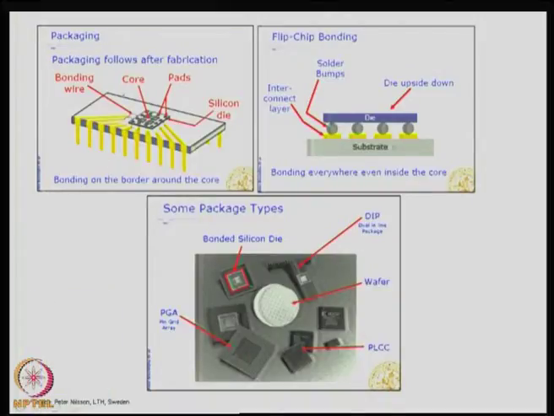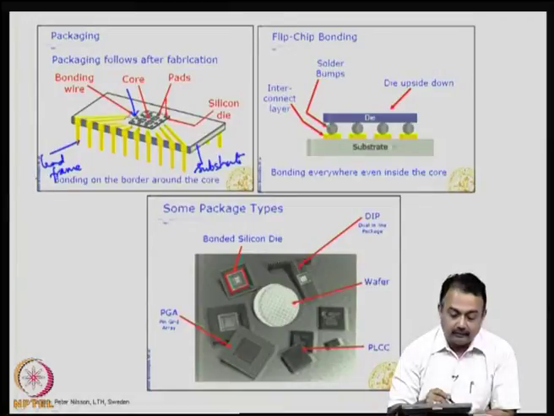So, this part is the wire bond, this is the lead frame, and you can see this is the substrate, this is the lead frame. So, this is known as peripheral bonding because the bonding takes place at the periphery of the package, right.